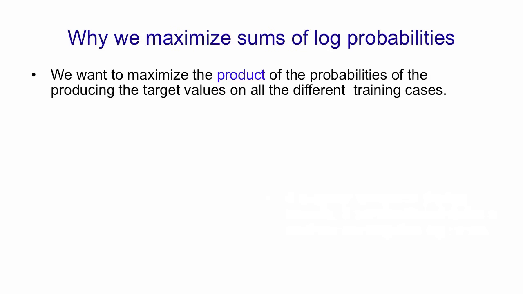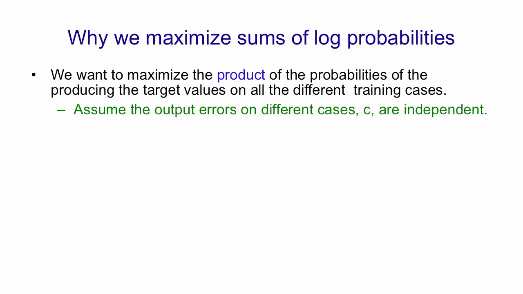Just an aside about why we maximize sums of log probabilities, or minimize sums of negative log probs. What we really want to do is maximize the probability of the data, which is maximizing the product of the probabilities of producing all the target values that we observed on all the different training cases.